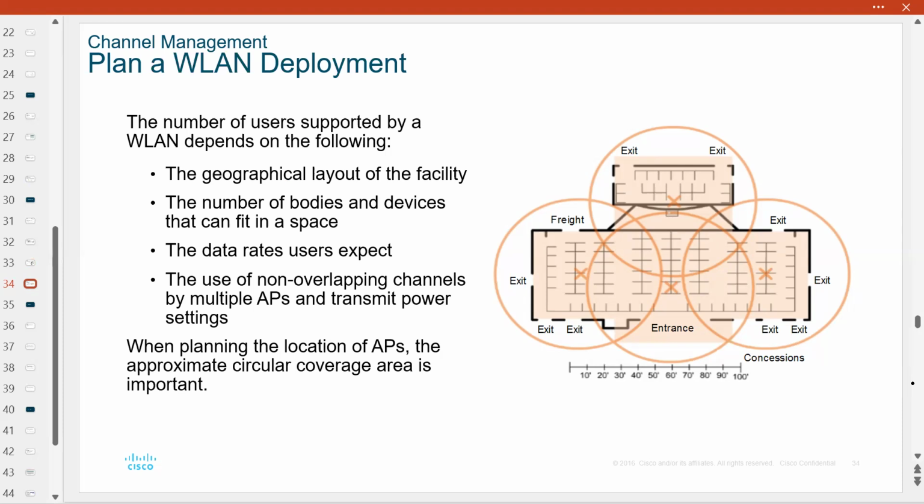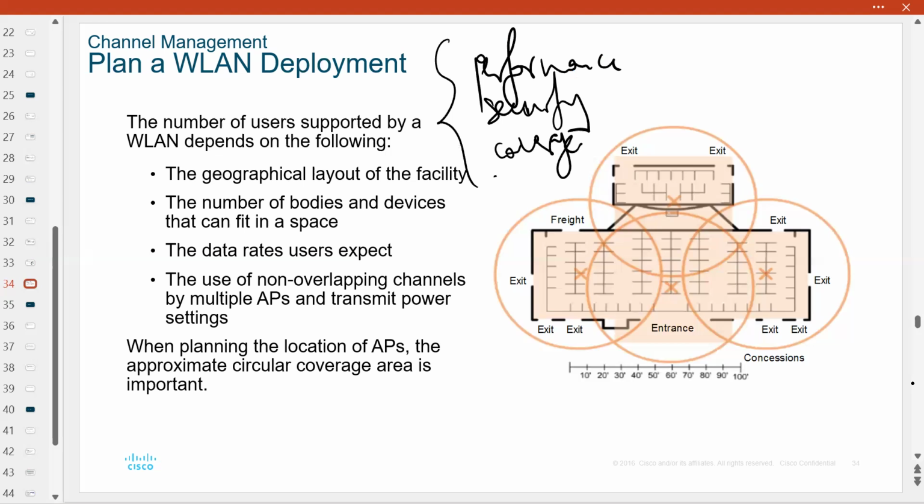Now, as I said, as an engineer, it's very important to have a well-planned wireless LAN deployment because if it is well-planned, it definitely ensures performance. It ensures things to do with security as well as coverage. These are very important when you are planning your wireless LAN: performance, security, and coverage.